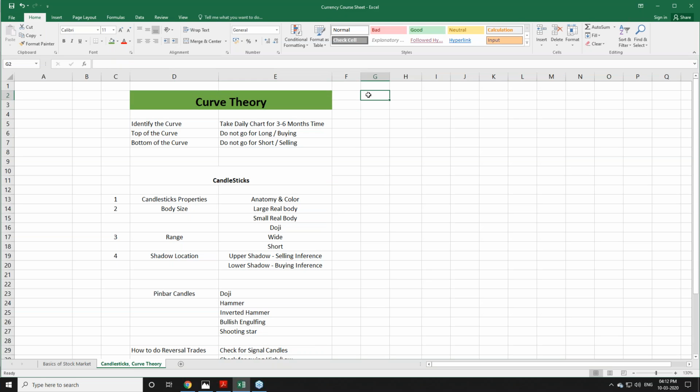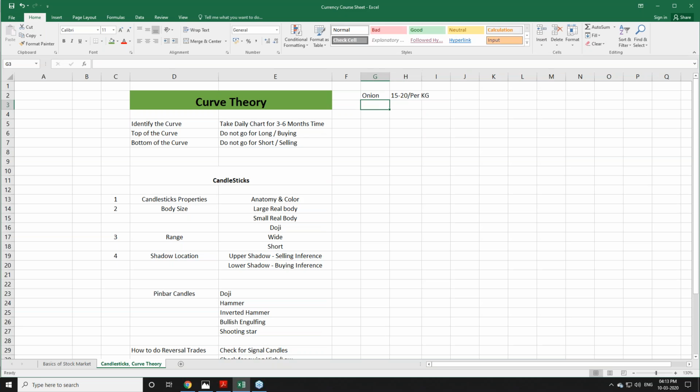Say for example, why curve theory is important. In today's situation, everyone knows what the recent price of onion went to. It was selling between 15 to 20 rupees per kg.